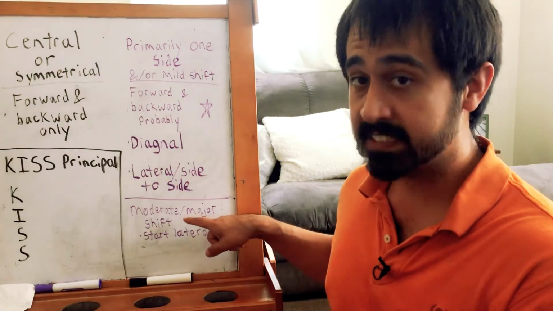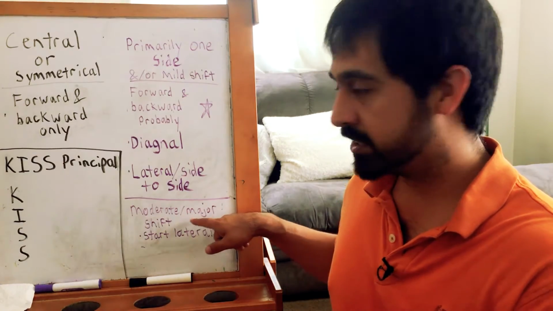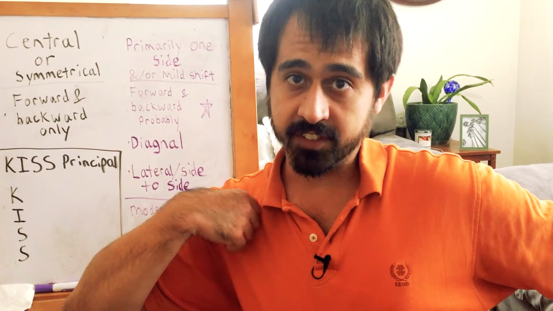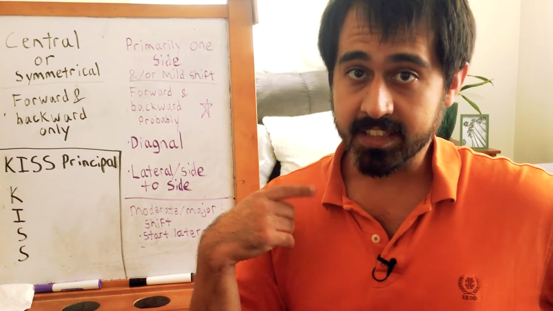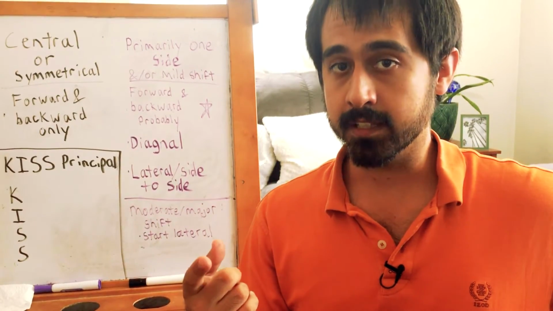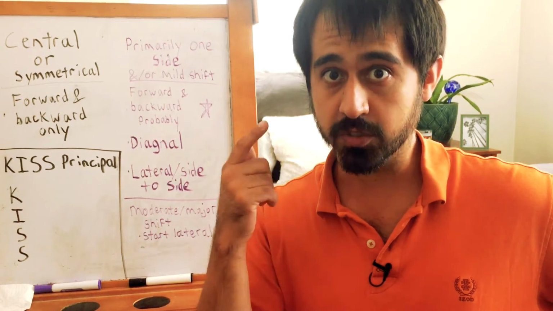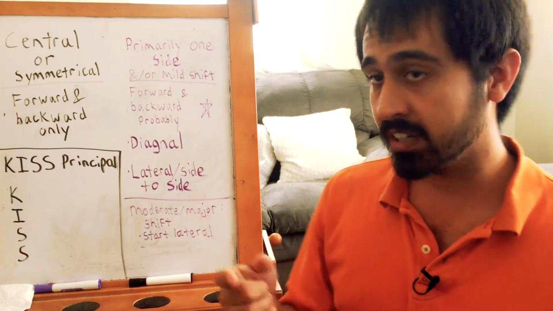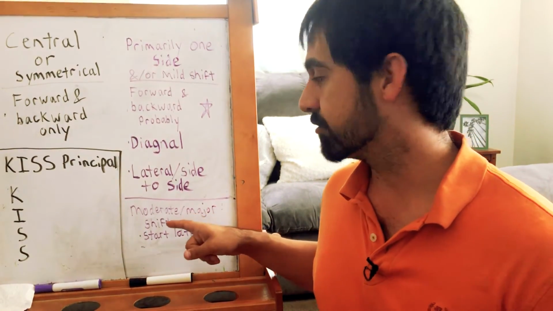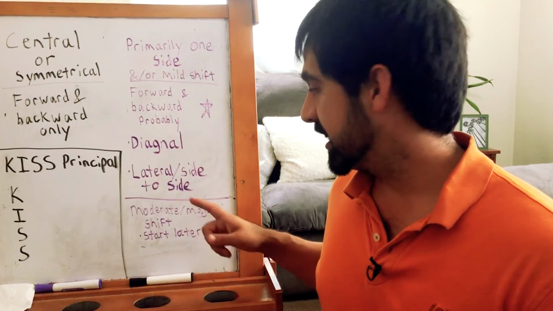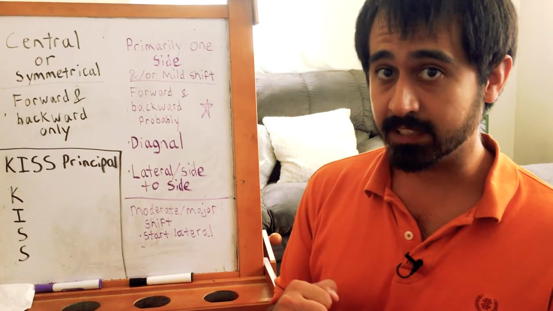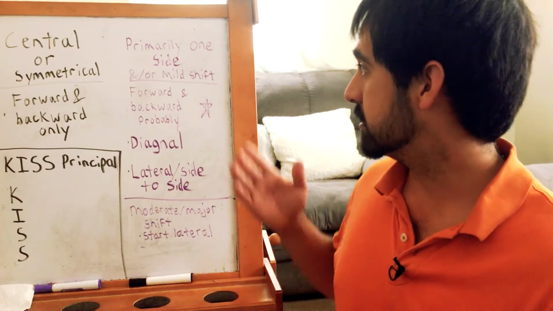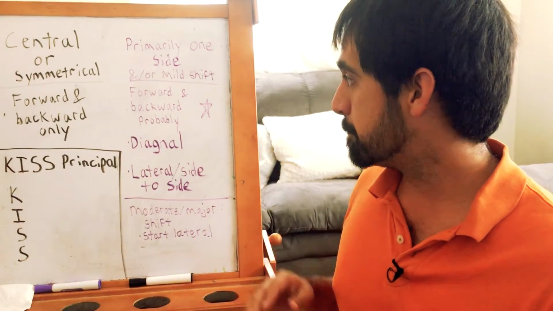The only exception to this is if you have a moderate or a major shift, so your shoulders are way far to the side of your hips, and that began at the time that you started having your low back problems. That's considered a relevant major or relevant moderate shift, and you should start sideways first. You should be trying to correct your shift first before attempting forwards and backwards.